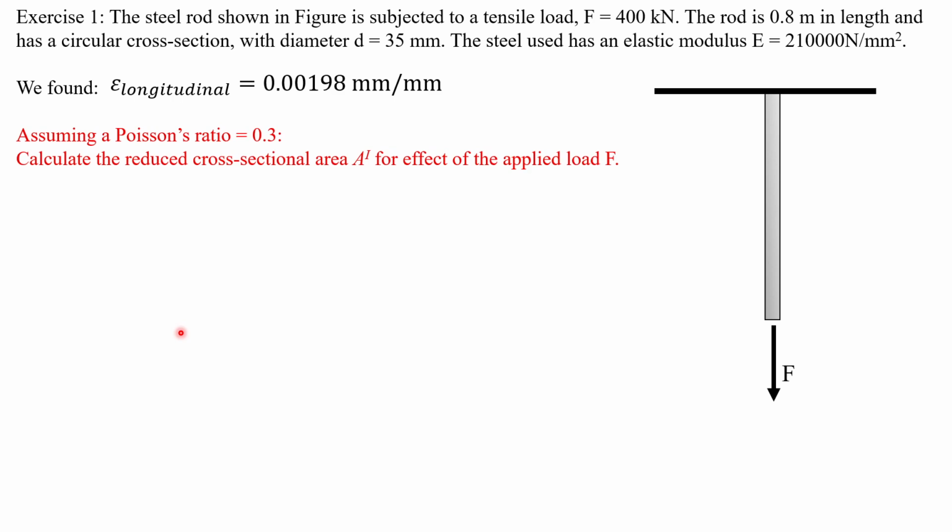Steel has an E value of, wait a minute, normal steel, 210,000 newtons per millimetre square. We found that the strain longitudinal for that are a ratio, millimetres divided by millimetres.